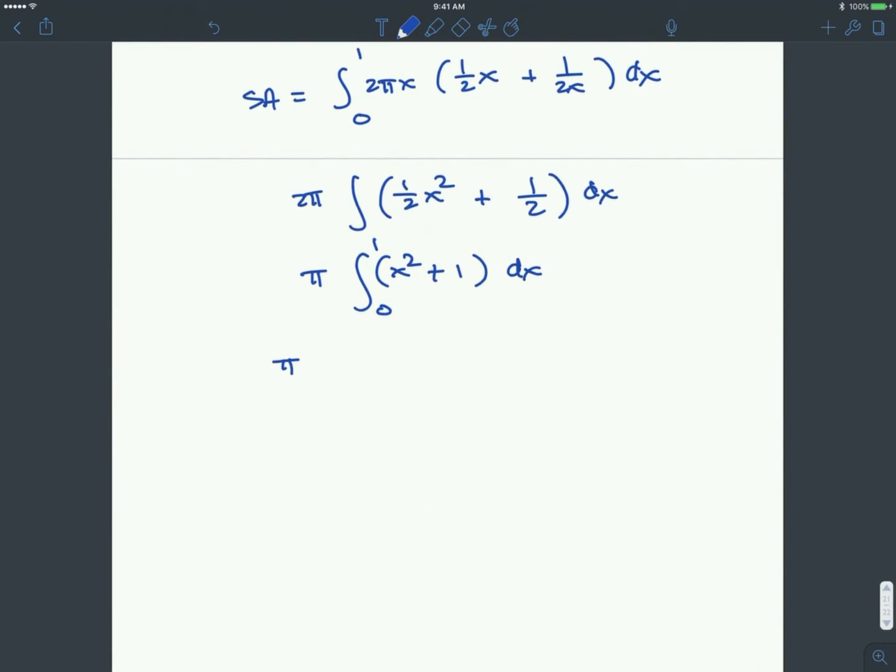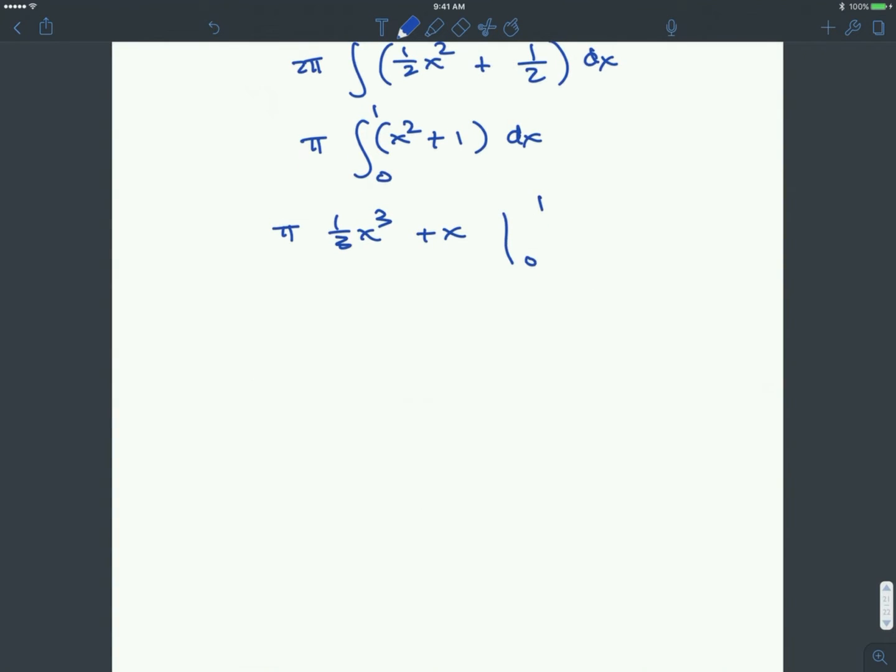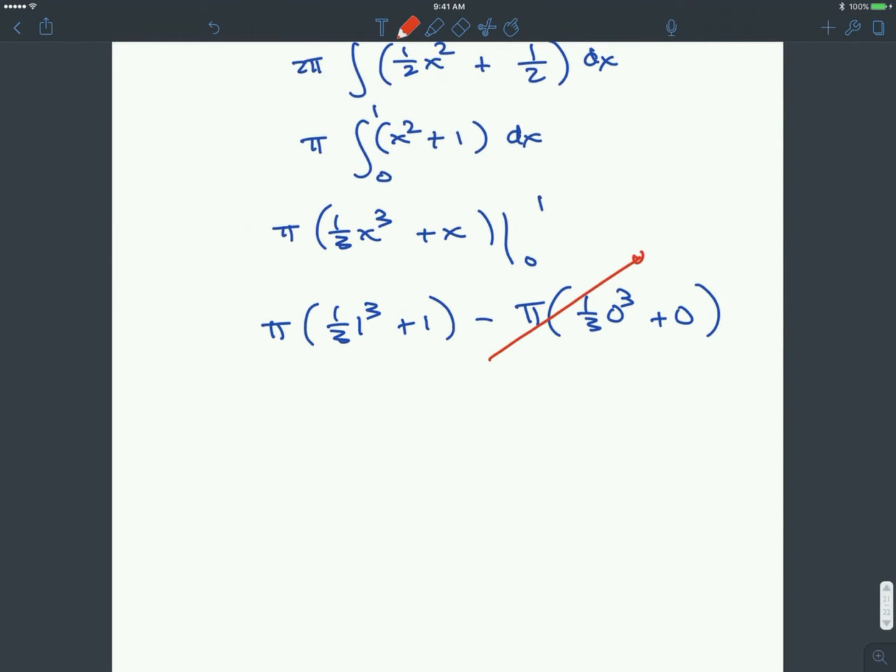I now get pi times (1/3 x cubed plus x) evaluated from 0 to 1. Don't forget this parentheses. So we get pi (1/3 times 1 cubed plus 1) minus pi (1/3 times 0 cubed plus 0). So this right side here is 0.